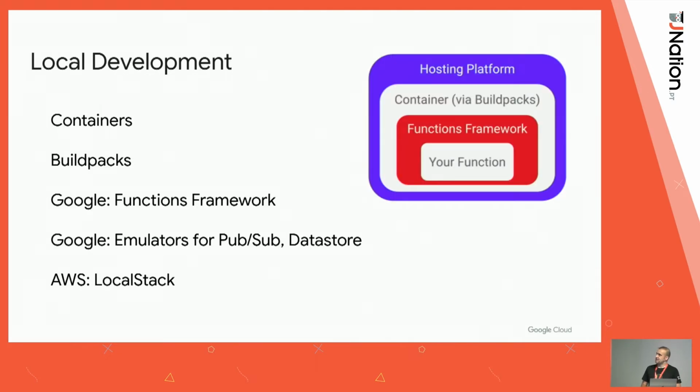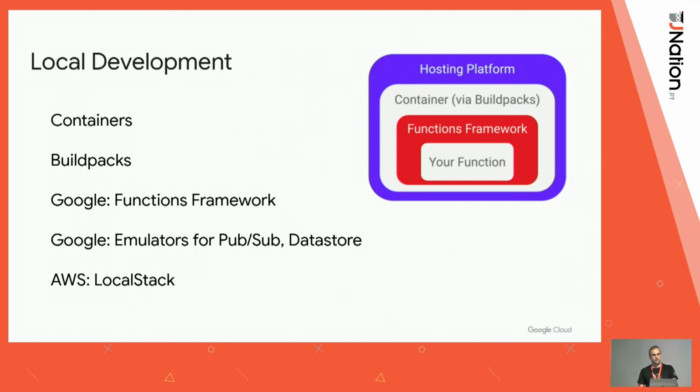And at this stage, we also started seeing some improvements on local development. Since we are running containers, we can run Docker locally and see how it works. We can use buildpacks, which is an open source project to convert your source code into containers without having to write the Dockerfile. On Google, there's something called Functions Framework that allows you to run Google Cloud Functions locally if you use this framework.